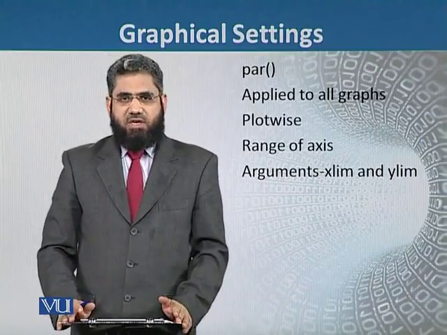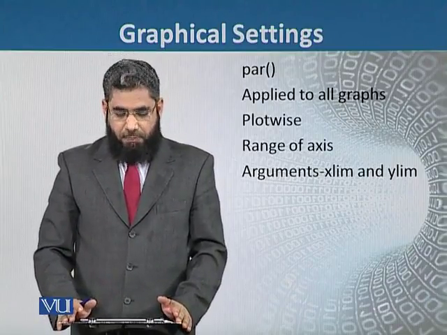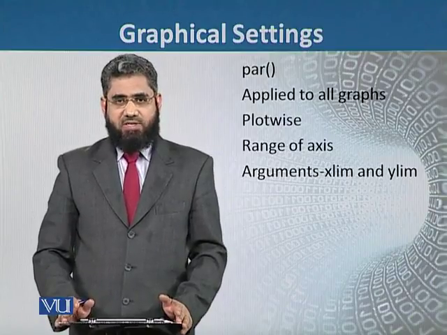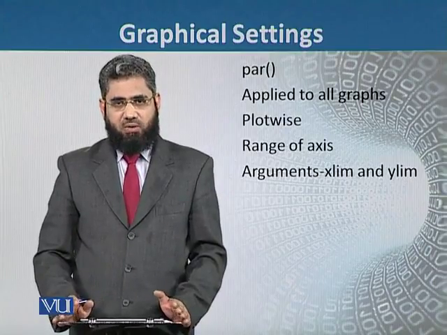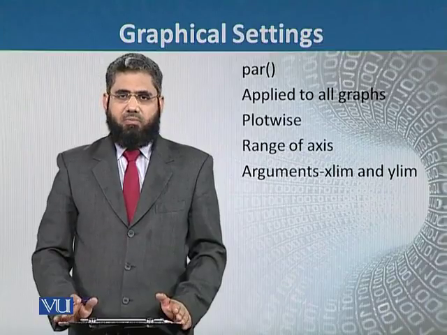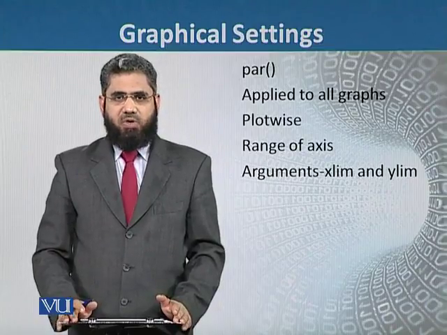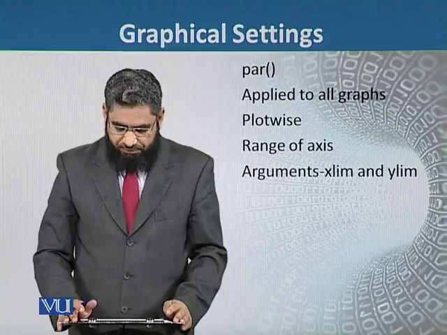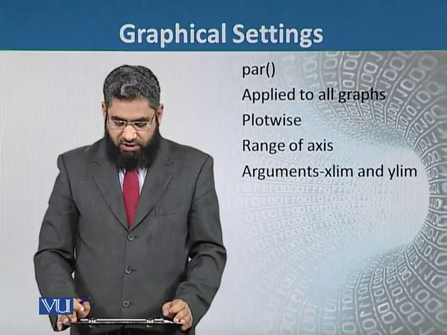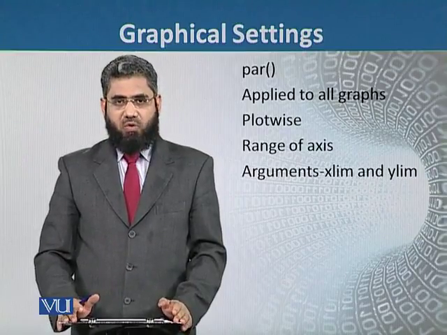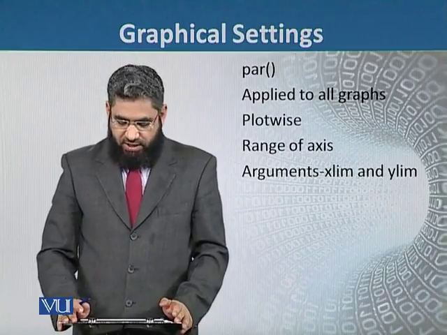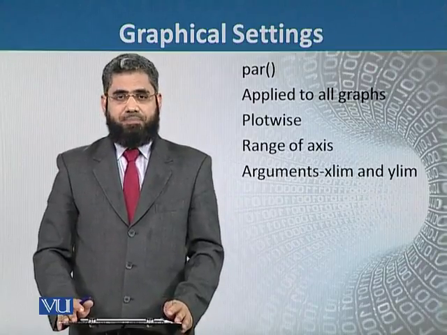Another setting we can change is the range of the axis. So we can change the x and y axis range in the already plotted graph. To change the axis, we can use the arguments xlim and ylim.